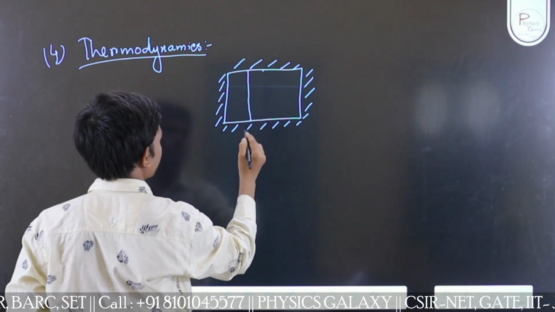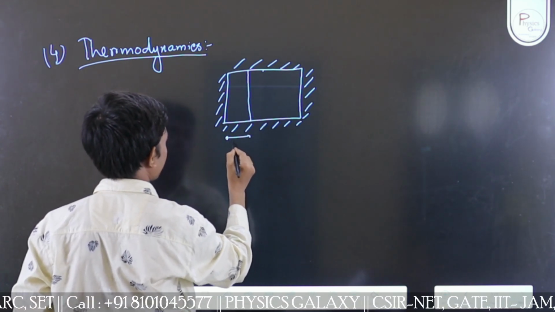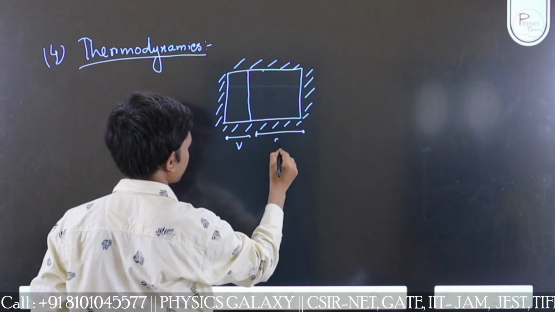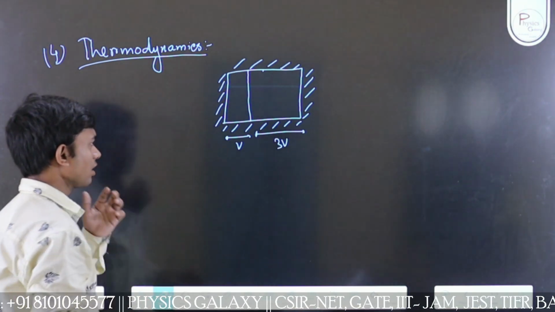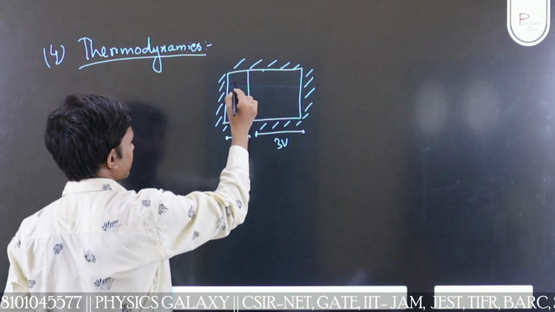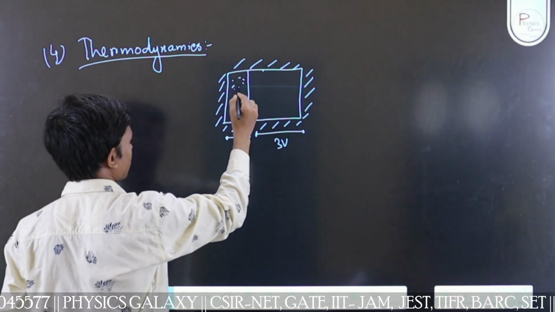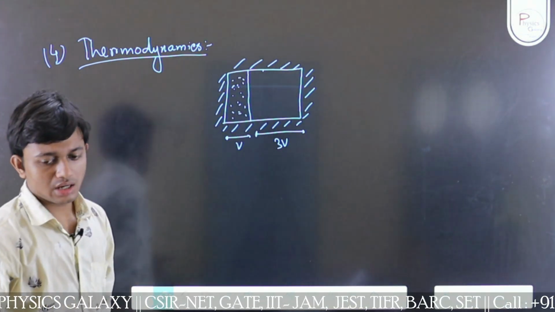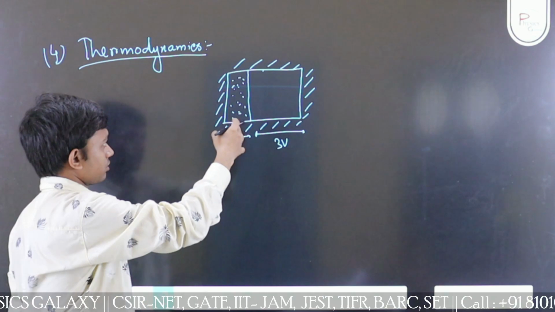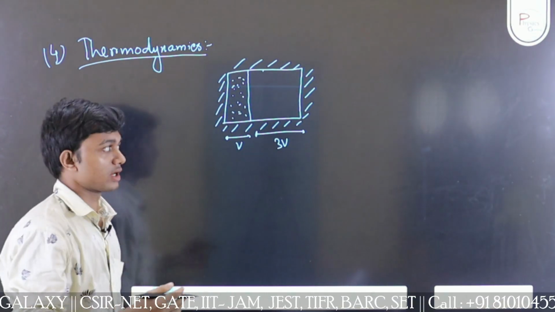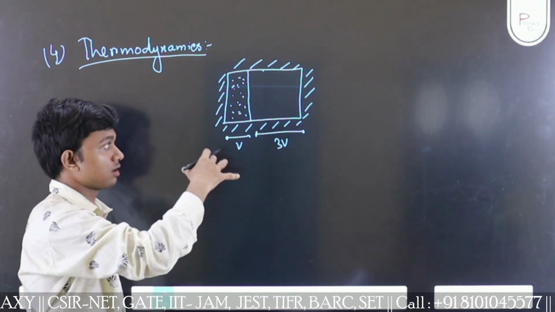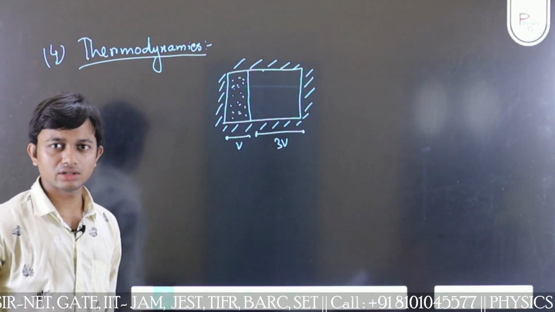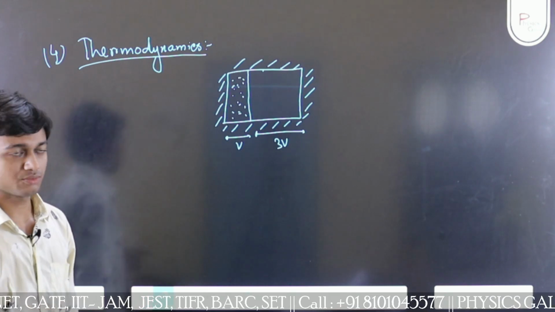The volume is V and the rest is 3V, and the gas is filled in the small volume part. They asked that the separation is removed and the gas expands to the whole volume, and can you find the total entropy change of the system?